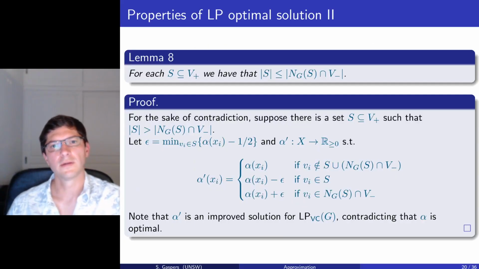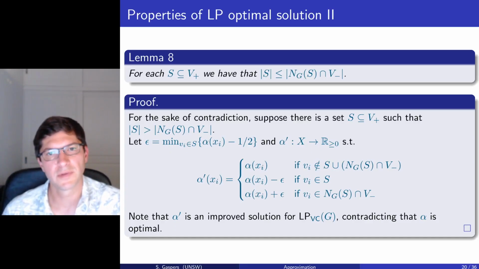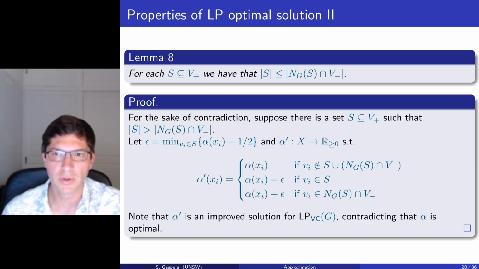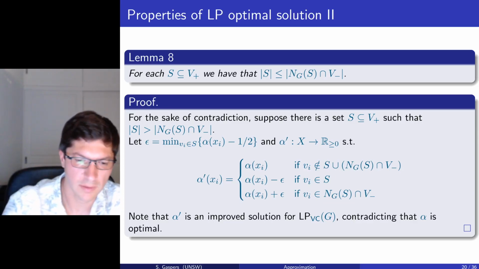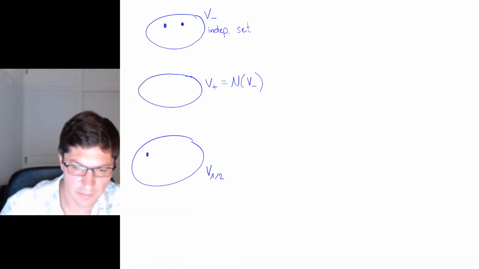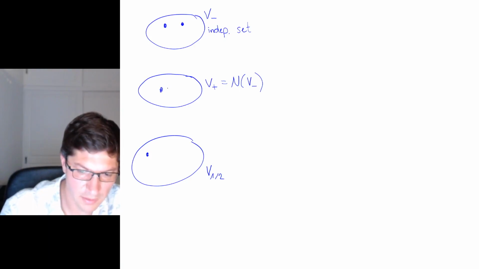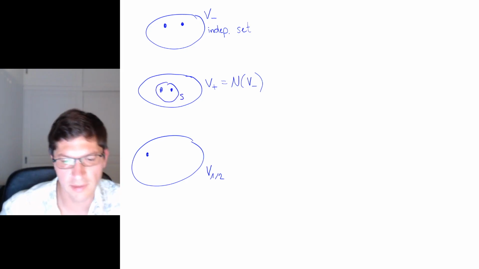We also have that for each subset of V plus, its neighborhood in V minus must be larger than the subset. So let's see. We have some subset S of V plus, and this holds for each such subset.